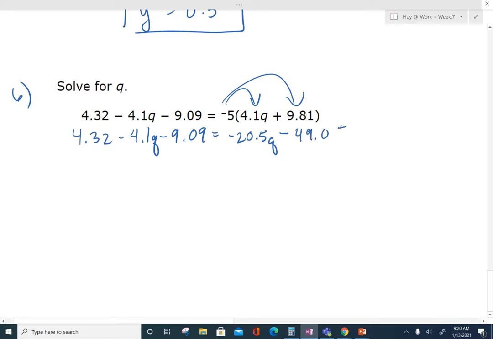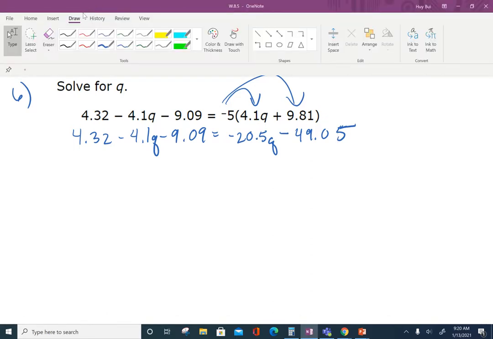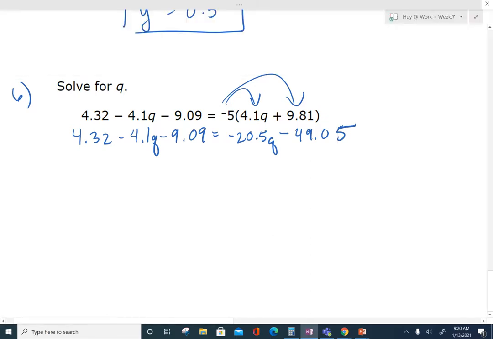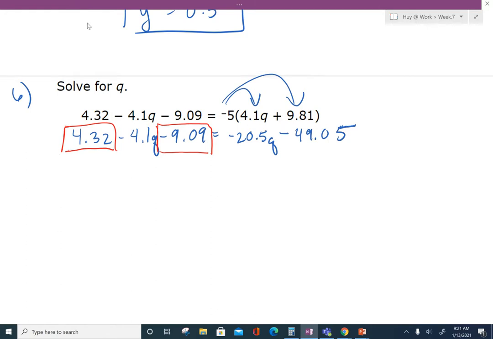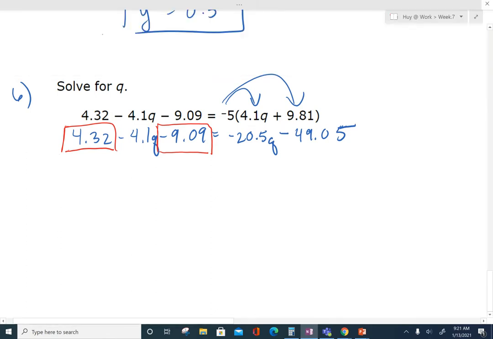All right. So now when I look at this equation, on the left side, I notice that I have two constants. I got 4.32, and I have a minus, right? The sign in front stays with it. So that tells me I can actually combine those. We're combining like terms now.